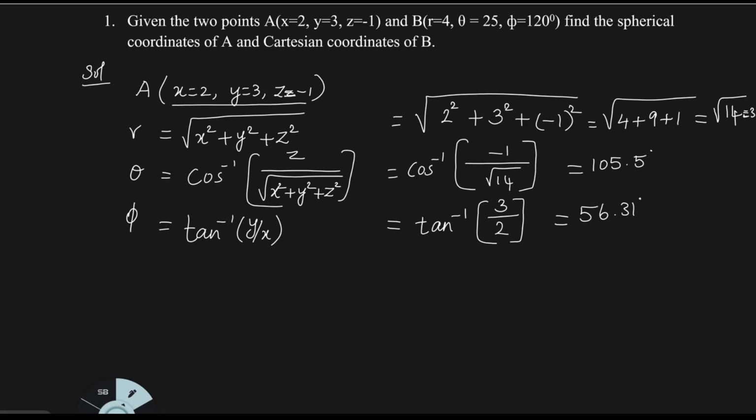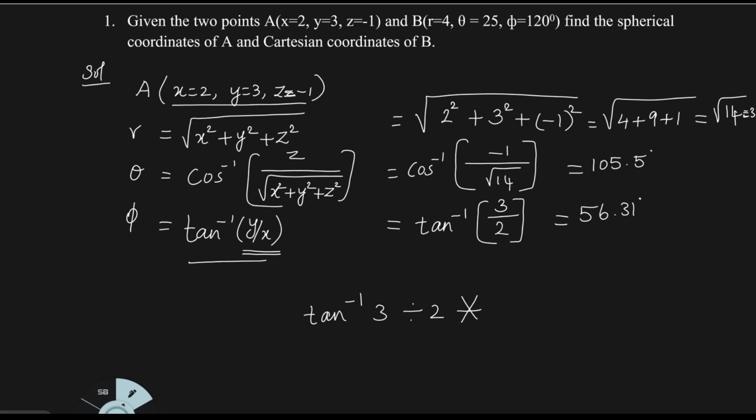While solving the problem in the calculator, first solve the bracket only and then go for tan inverse of the answer. If you type tan inverse of 3 divided by 2 before solving the bracket, it does not give the right answer.